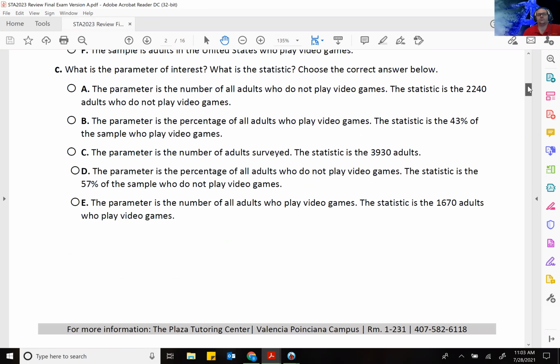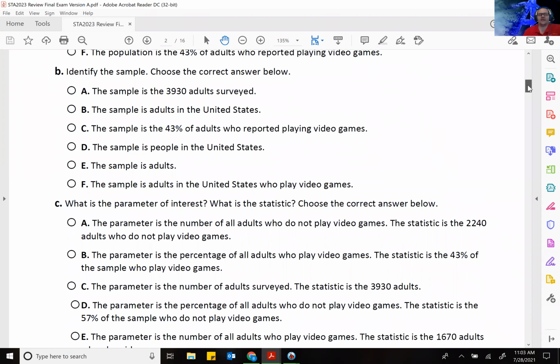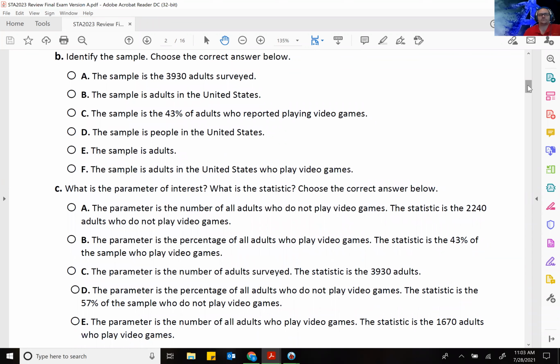All right. What is the sample? A. I love it. Because that's how many adults we talked to. Perfect. Okay. And C, what is the parameter?